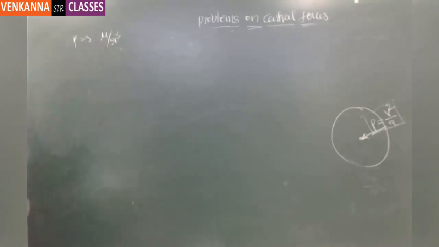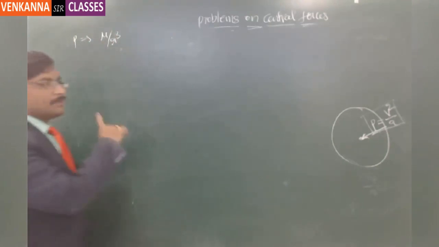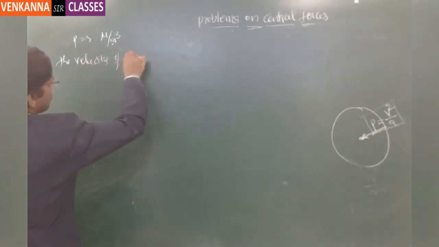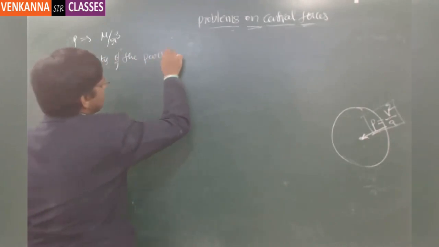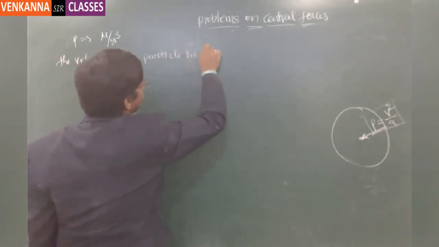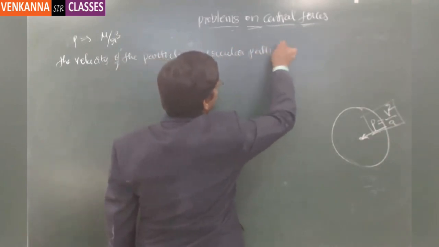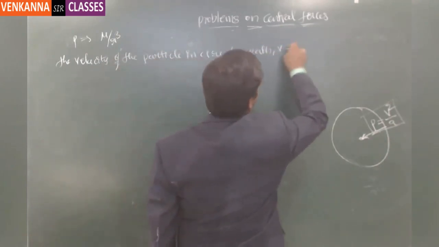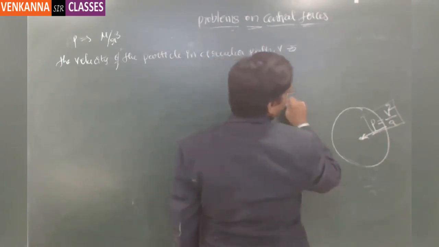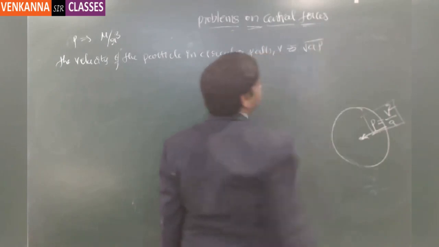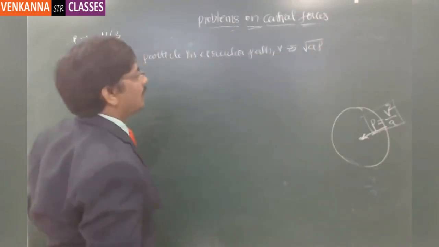Suppose if the same acceleration, the particle tries to travel in a circular path, so the velocity of the particle in the circular path, let us say this is v, is equal to the square root of a times p.